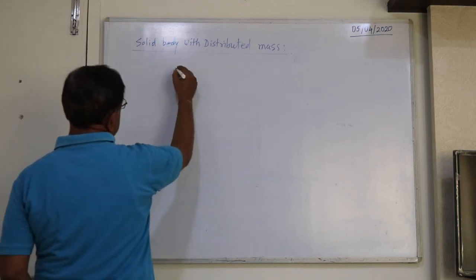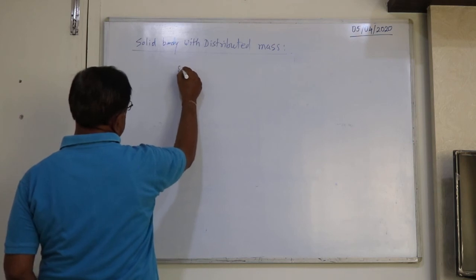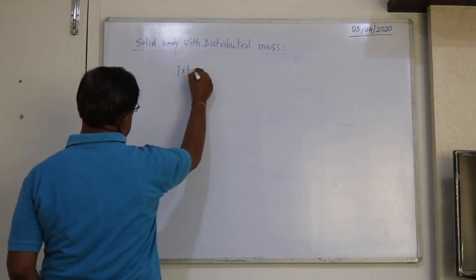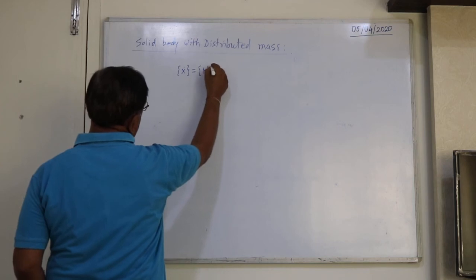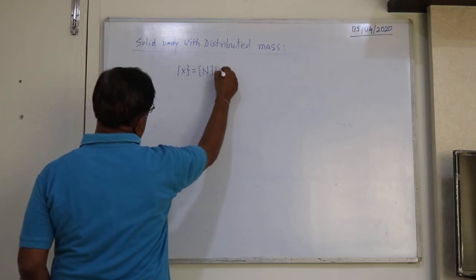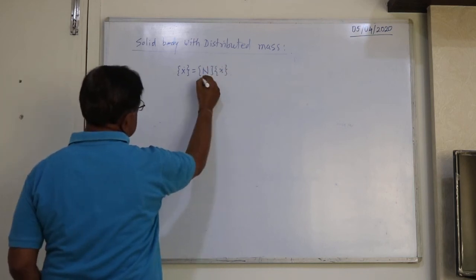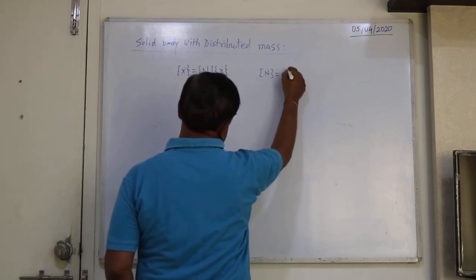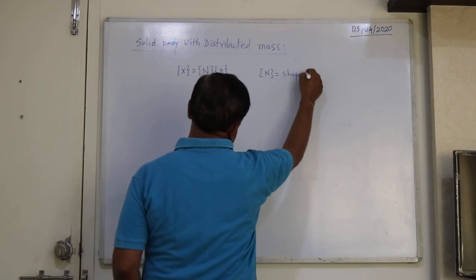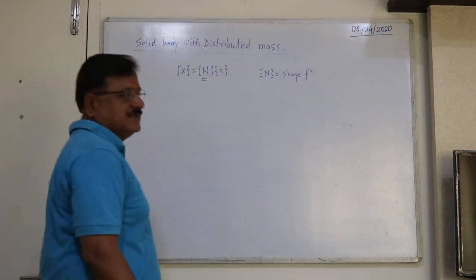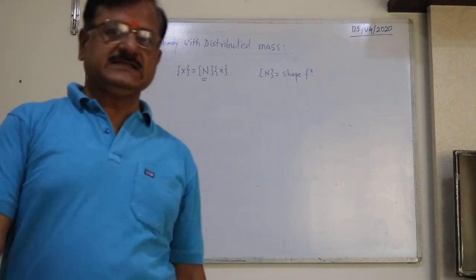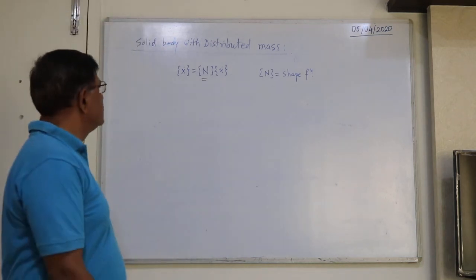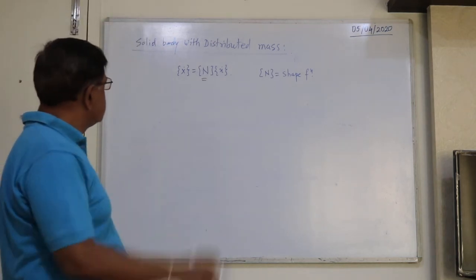So now we can express the velocity x dot in terms of nodal velocity x dot by using the shape function, where N is the shape function. So the shape function can relate the velocity at any point to the nodal velocities.